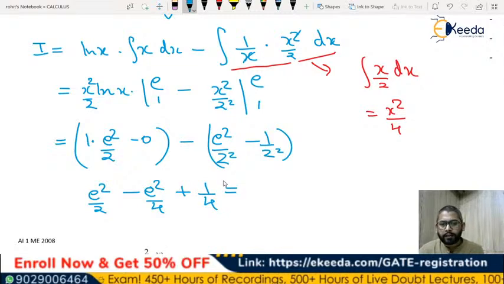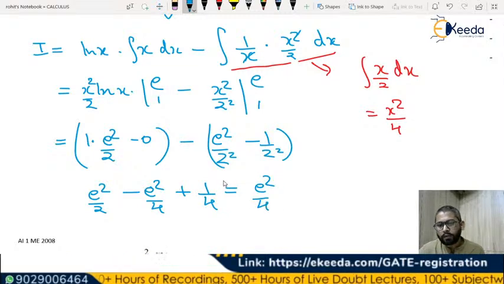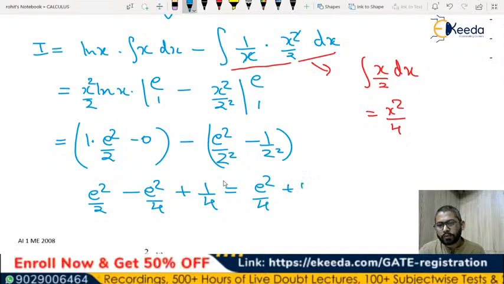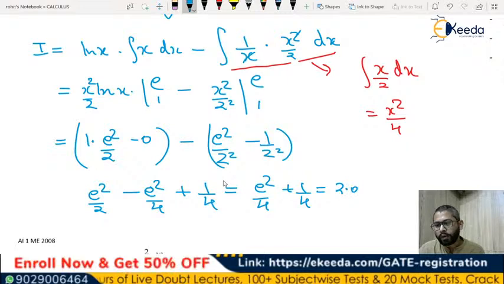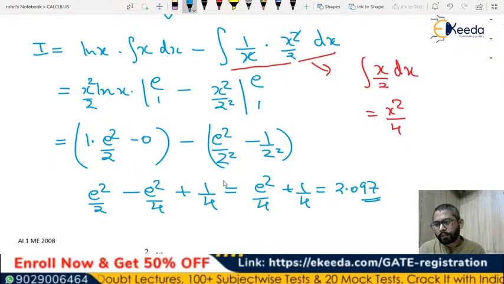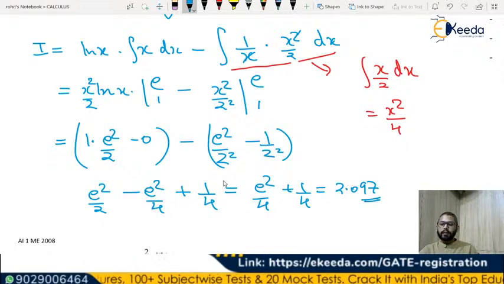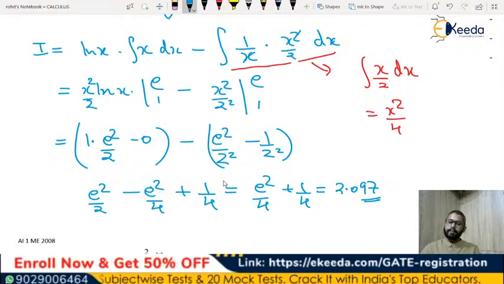So overall this is going to be e square by 4 plus 1 by 4. Calculate this. This is going to be something around 2.097. You need to make some calculations here, and it is going to be 2.097.